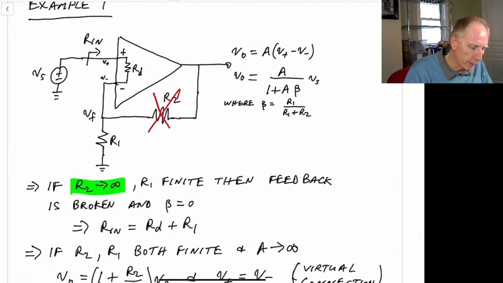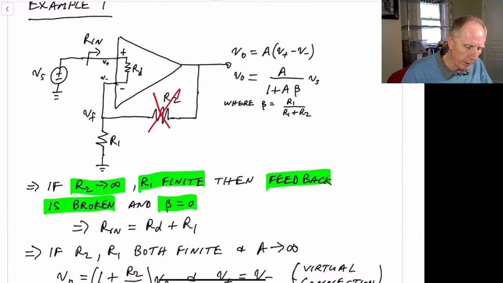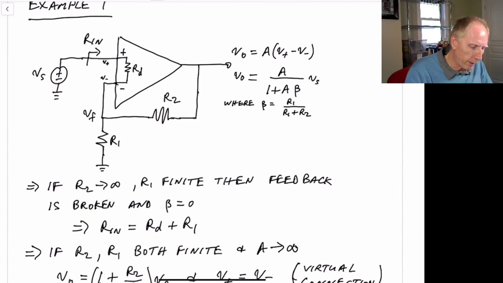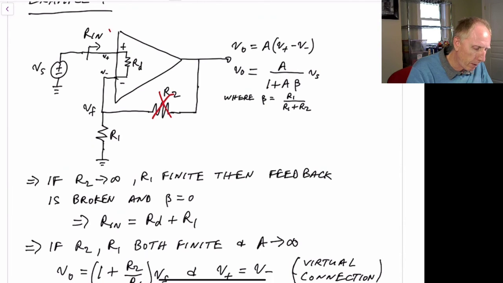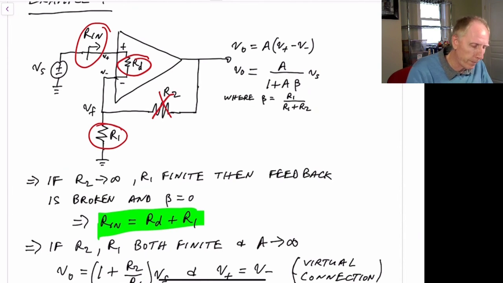In other words, we just open circuit this part here, and we leave R1 finite. Then our feedback is effectively broken, and beta now becomes 0. We can see that through this equation here. So R2 is open circuited, and we look at the impedance R in, looking in, and we'll see that the input impedance is equal to RD plus R1. So the input impedance is RD plus R1.